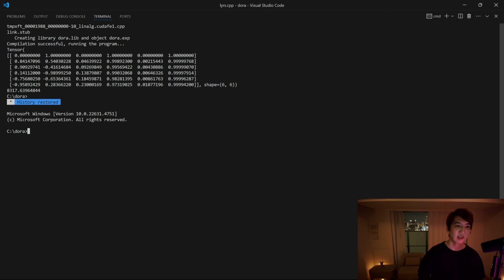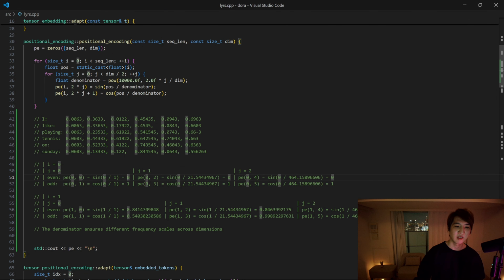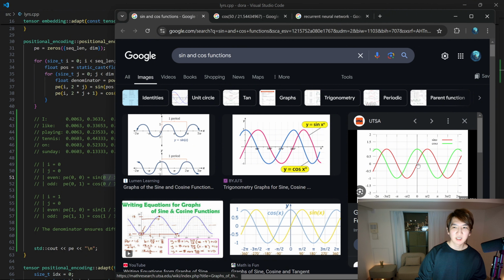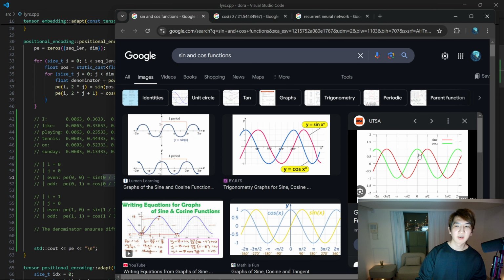And when we look at the cosine and sine functions, sine of 0 would be 0, cosine of 0 would be 1, another sine of 0, cosine of 0, sine of 0, cosine of 0. So it would just alternate between 0 and 1.